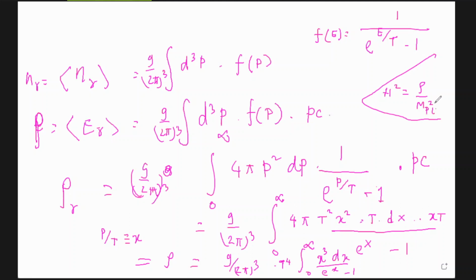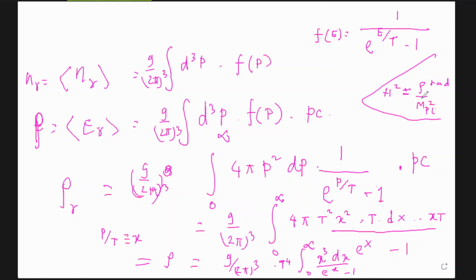Now I'm writing in the new unit. There will be a constant here, some 1.66 or something, I forgot. So almost the same, H square is equal to rho by M Planck square, rho radiation. Because now rho radiation is this, T to the power 4.